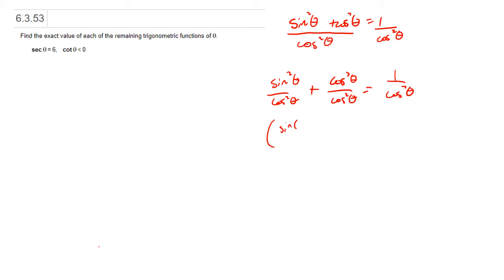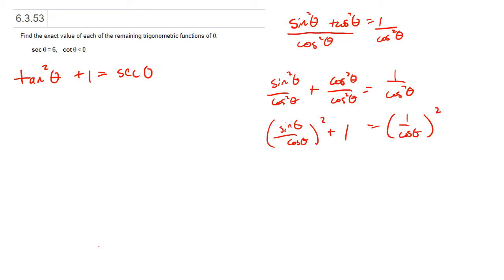So observe, this is sine theta over cos theta squared plus 1 equals 1 over cos theta squared. This is an alternate Pythagorean identity, and I'm going to write it over on the left: tan squared theta, there's my sine theta over cos theta squared, plus 1 equals, and 1 over cosine theta is secant theta, but it is being squared.